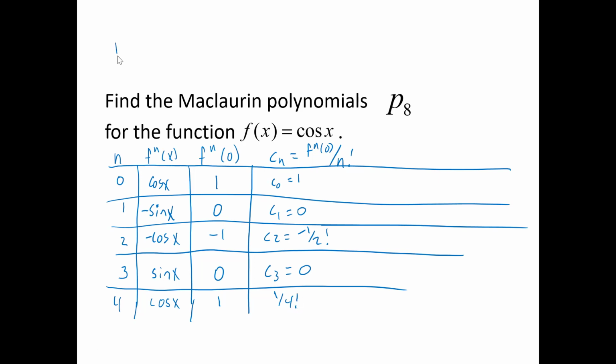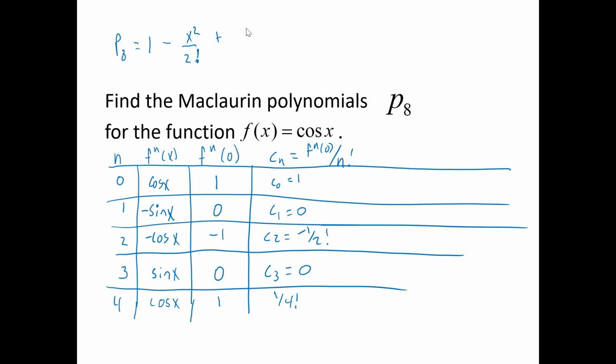Now we're ready to write P8. And that will be 1 minus x squared over 2 factorial. Sorry, this should be x squared. It's C2. C1 is 0, so the coefficient of the linear term is 0. C2 is negative 1/2, and that's the coefficient of the x squared.